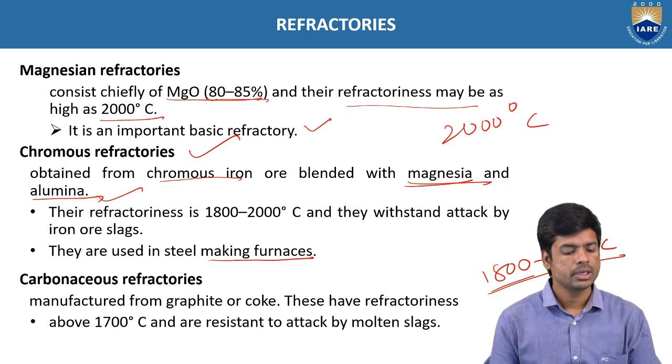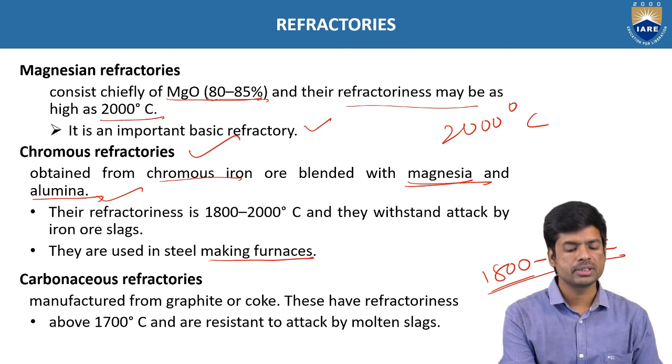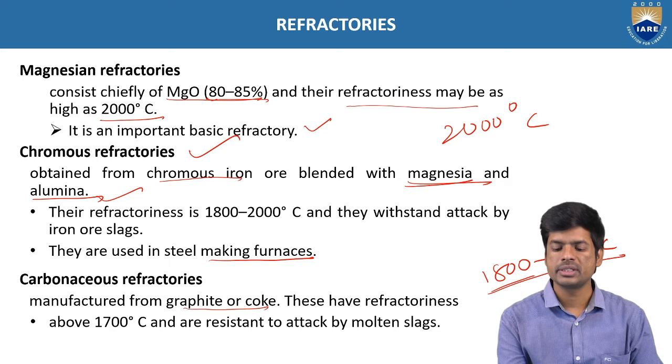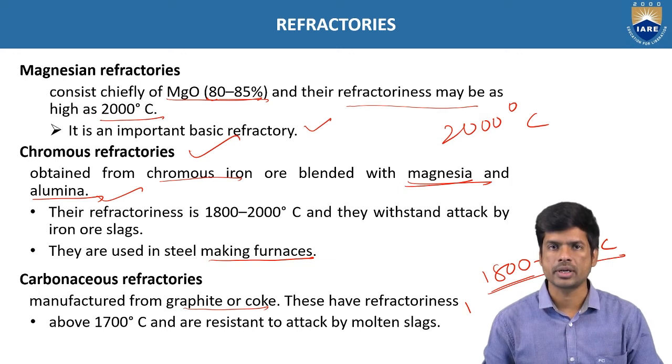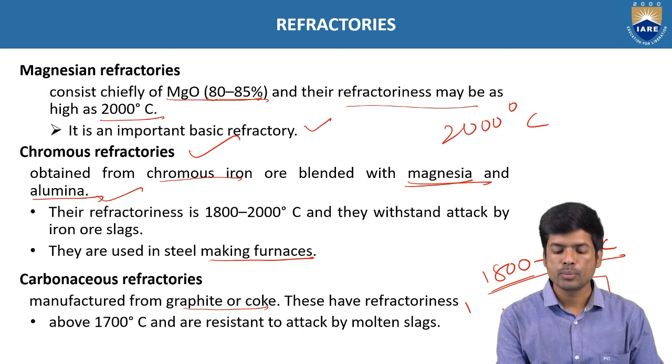Next, carbonaceous refractories. The next type of refractories are carbonaceous refractories, and these are manufactured from graphite or coke. They have refractoriness above 1700 degrees Celsius, and are resistant to molten slags.